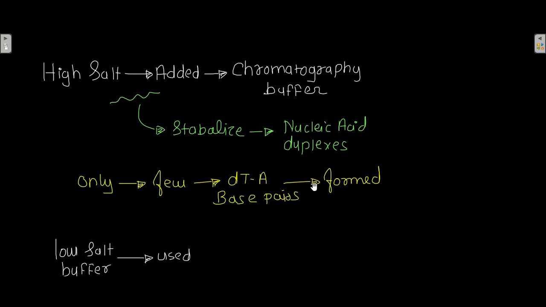The base pairing between the short chains of oligo-dT and the poly A tails of the mRNA involves very few base pairs, and that is the reason why you have to stabilize these nucleic acid duplexes, and for that you add high salt to the chromatography buffer.